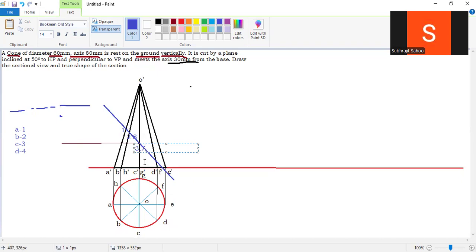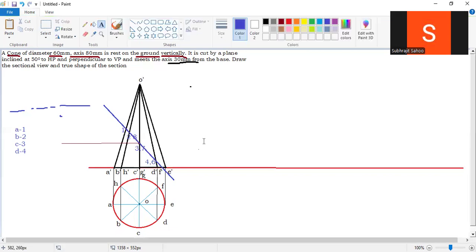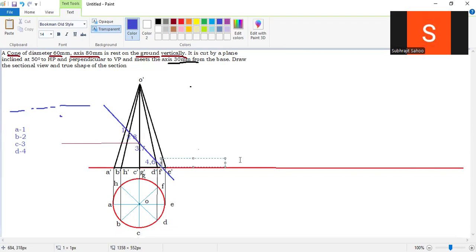F and D means here similarly 4 comma 6, and finally here it is not cutting the generator, it is cutting the base. Okay, it is cutting the base, so generator will not come in the diagram. So here the final name will get number 7.